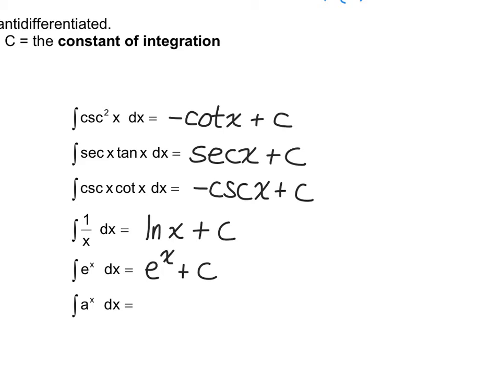A to the x. For this one, it does involve a log, but it would be the same idea. If I wanted the derivative of a to the x, I would first rewrite the a to the x, multiply by the derivative of the exponent, multiplied by the natural log of the base.